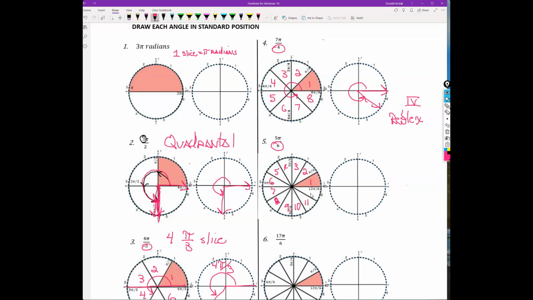Okay, now to draw your angle, you're going to count 5 of those. 1, 2, 3, 4, 5. And we got an obtuse angle that lands in the second quadrant.